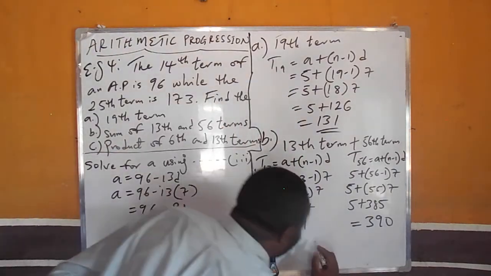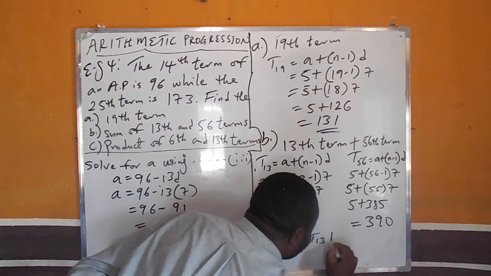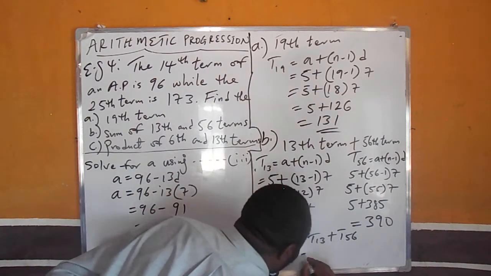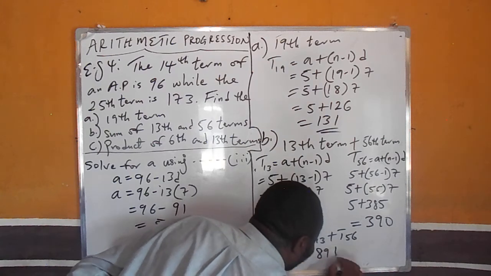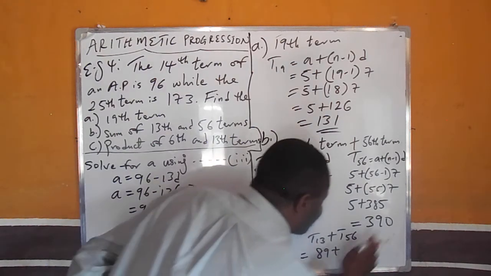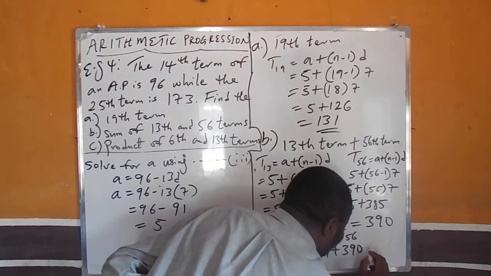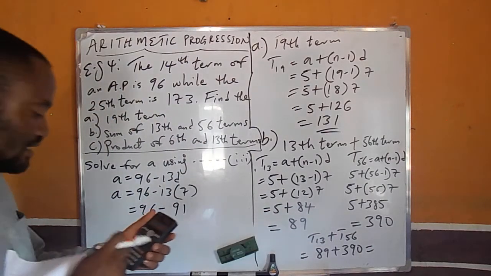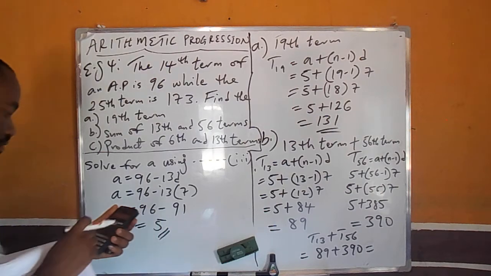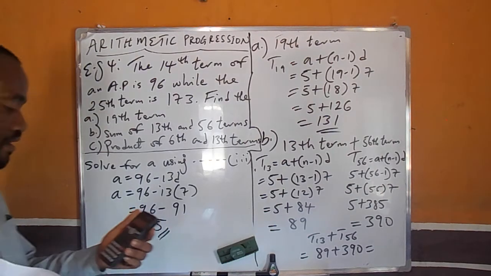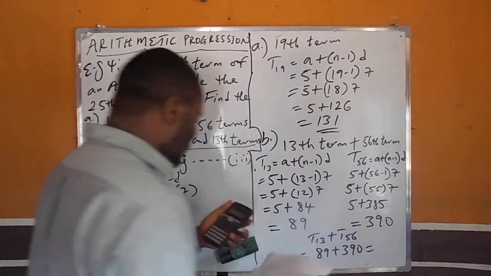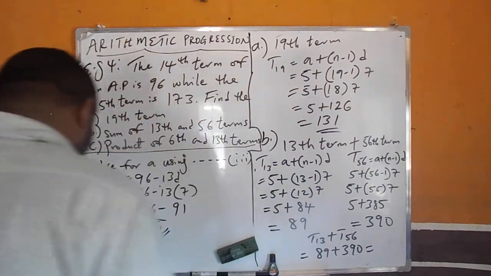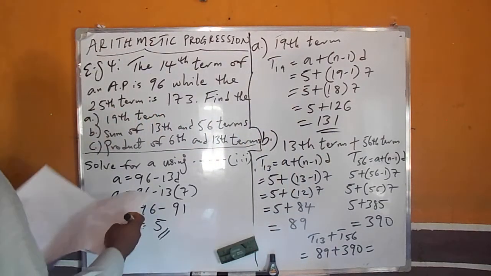Then we now say T13 plus T56. T13 answer is 89, plus T56, which gives us 390. Then our final answer will be 390 plus 89, which gives us 479.